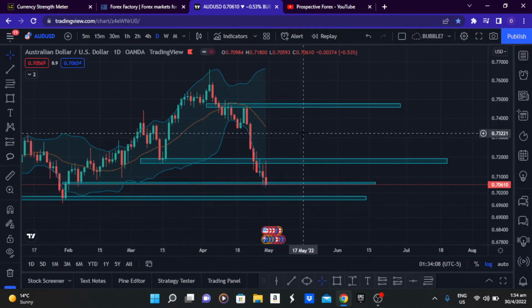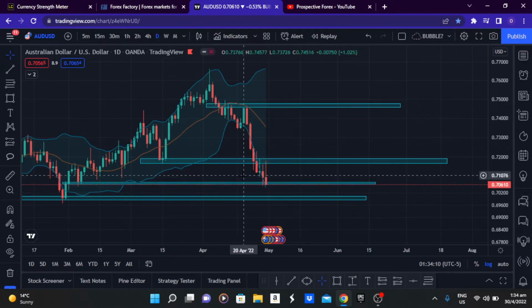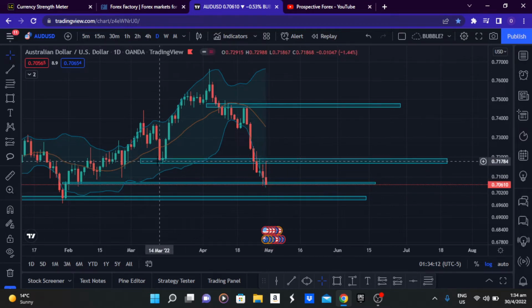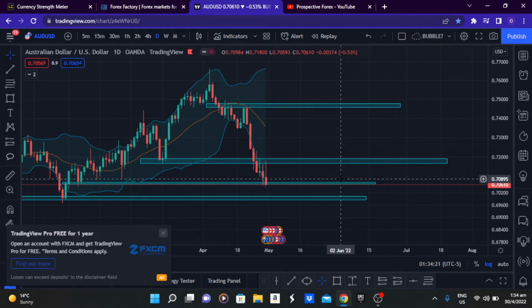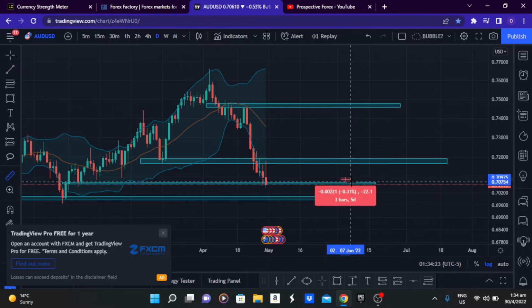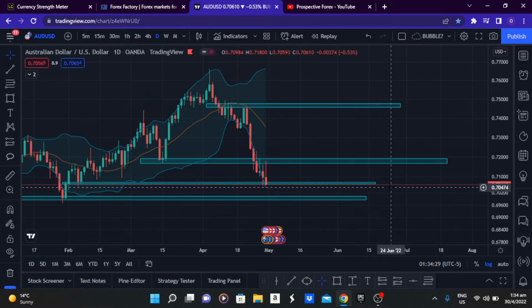So what I saw today was that price tapped back into this level, this zone, the support here, made a retest and went all the way down. This was around 38 pips. Not bad.